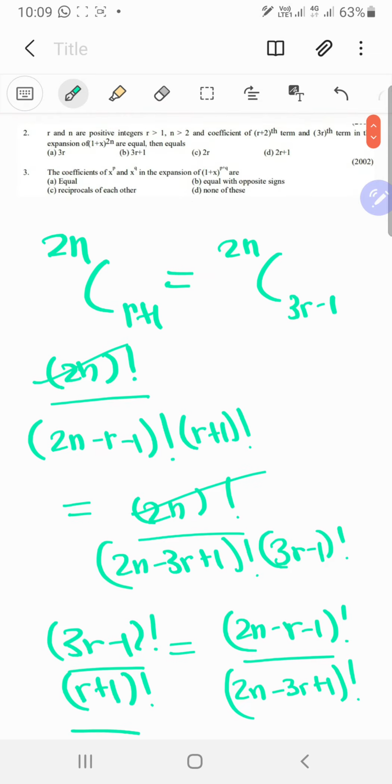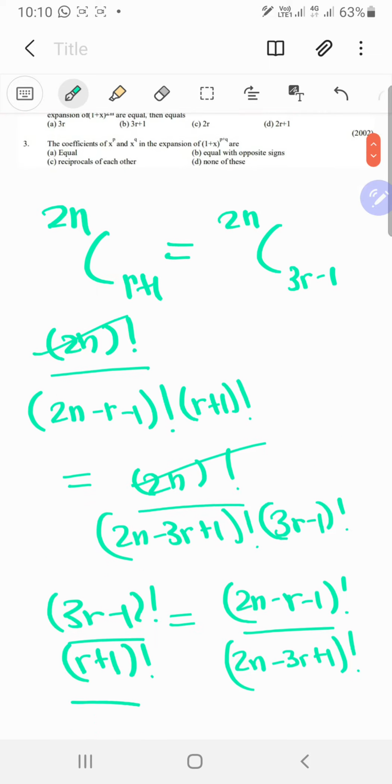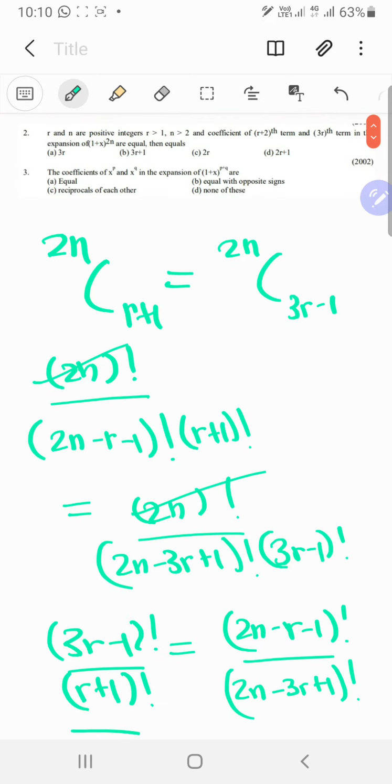If I put the value of n as 3r, that will give me 3r minus 1 factorial upon r plus 1 factorial equal to 6r minus r, which is 5r minus 1 factorial upon 3r plus 1 factorial. Wait, that doesn't make sense. Or you could have 3r plus 1.